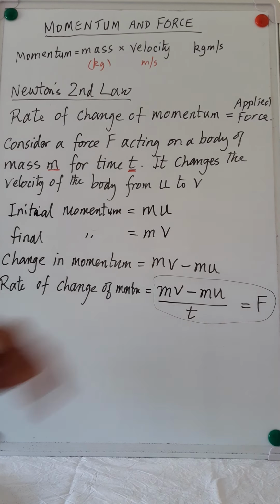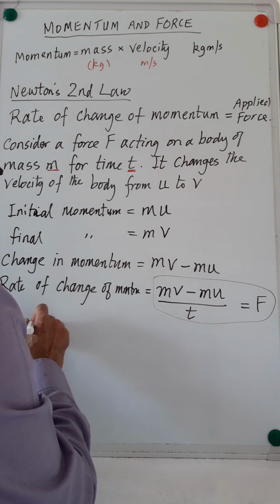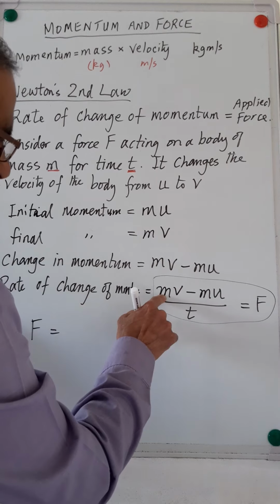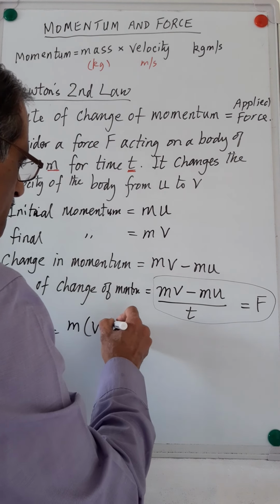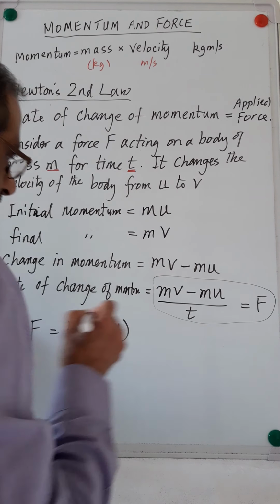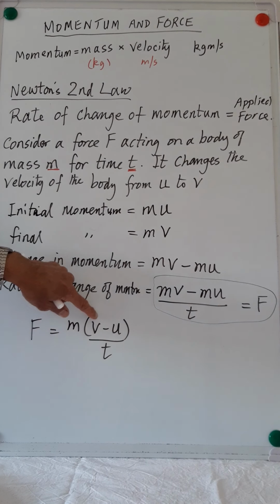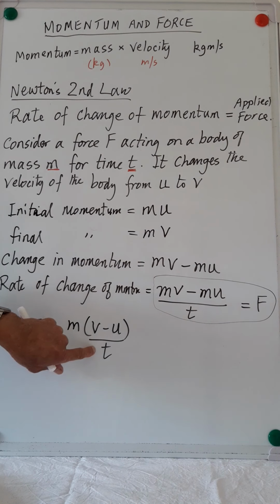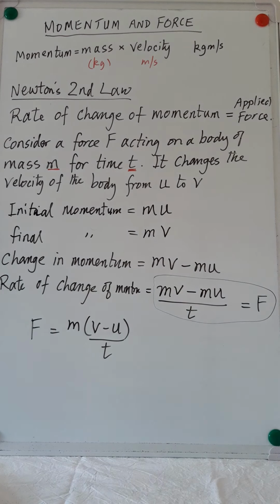Now, if I take m as a common factor, F is equal to m times (v minus u) divided by t. Now, that looks familiar. This is the change in velocity divided by time, which is the acceleration. Okay, we already did that in the previous video.